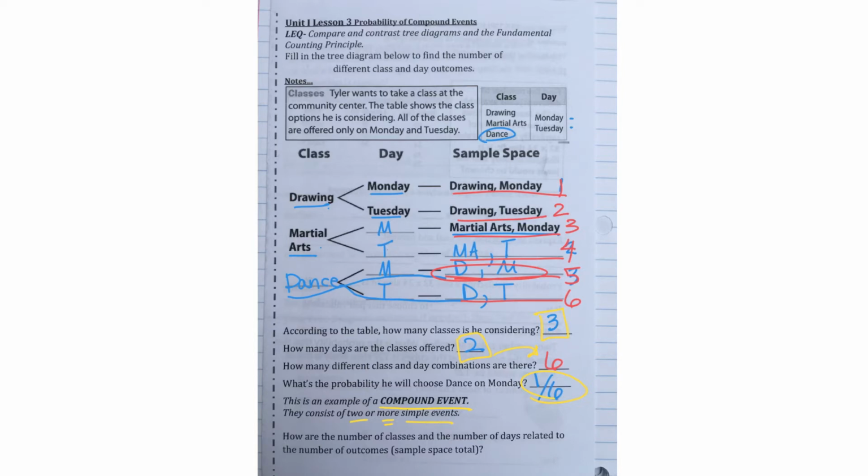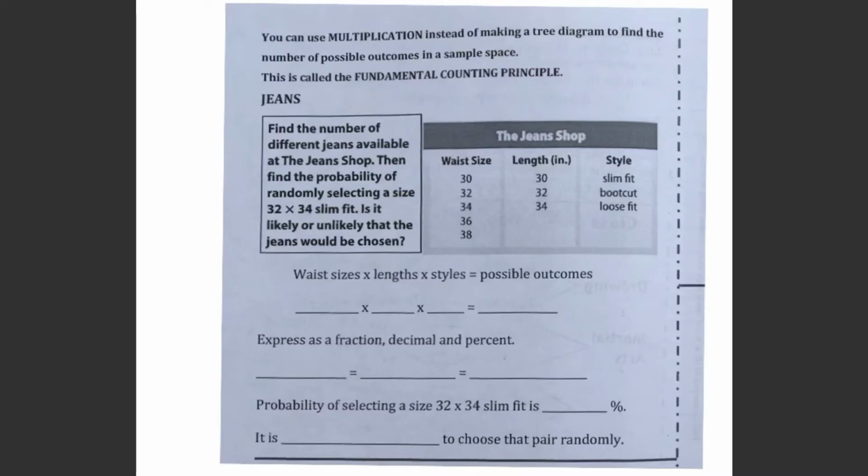Well, I know that 2 3s make a 6, meaning if I multiplied 2 times 3, that would give me the 6. So you can use multiplication instead of making a tree diagram to find the number of possible outcomes in a sample space. This is called the fundamental counting principle.